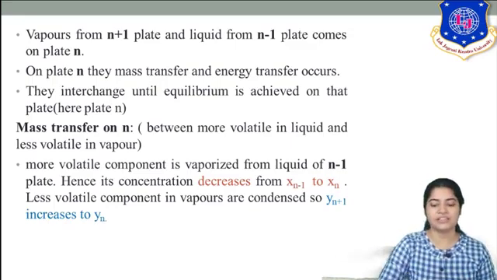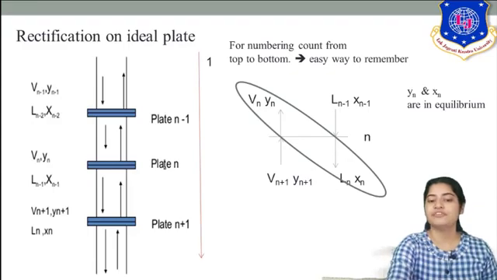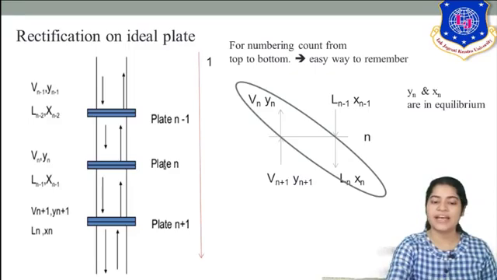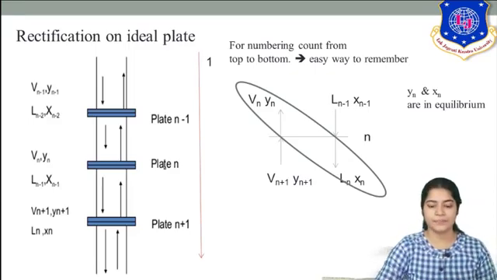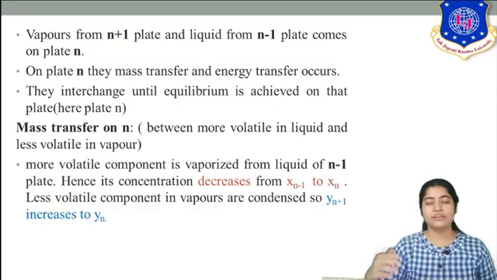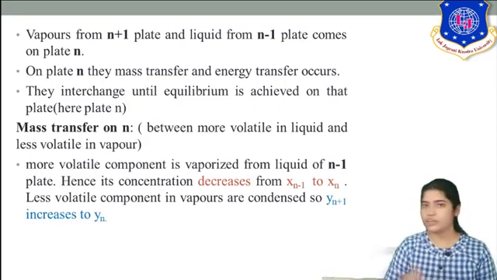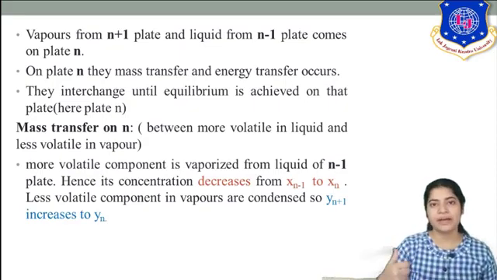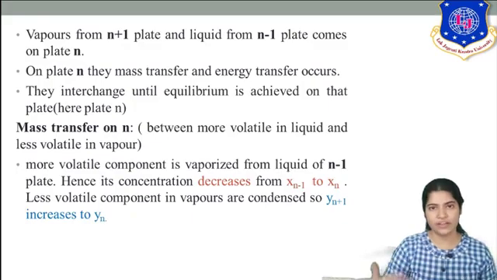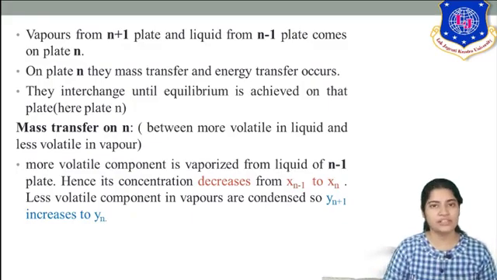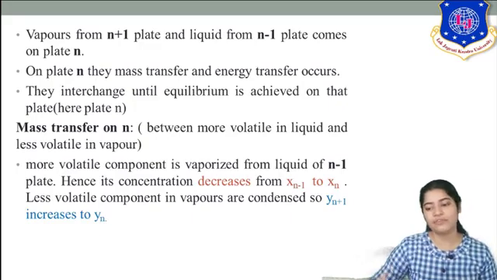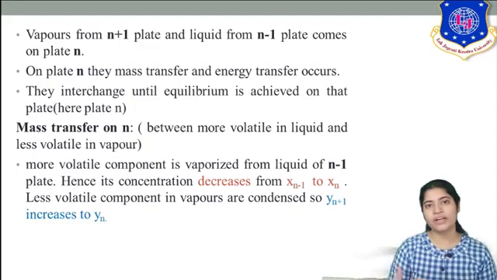It has been decreased from Xn minus 1 to Xn. Component A has been taken out from the liquid and transferred to the vapor. So I can say that my mole fraction of the more volatile component has now increased in the vapor phase, from Yn plus 1 to Yn.